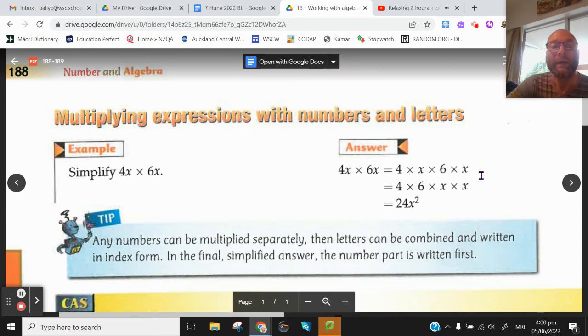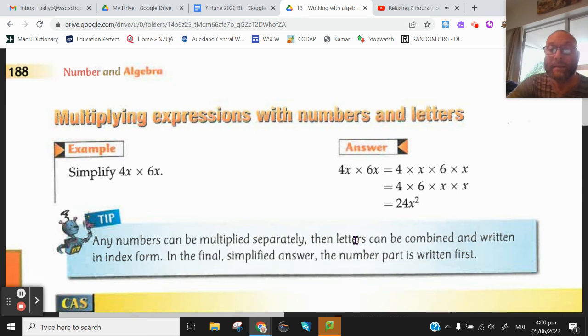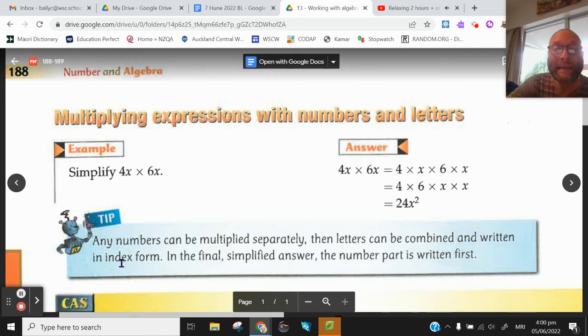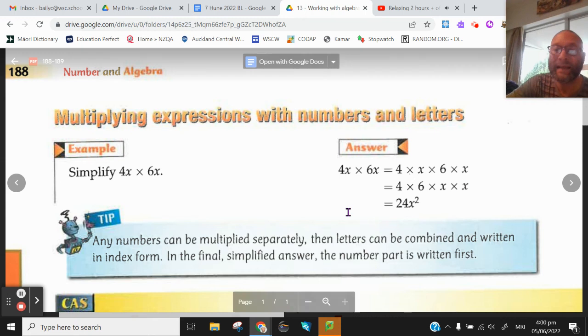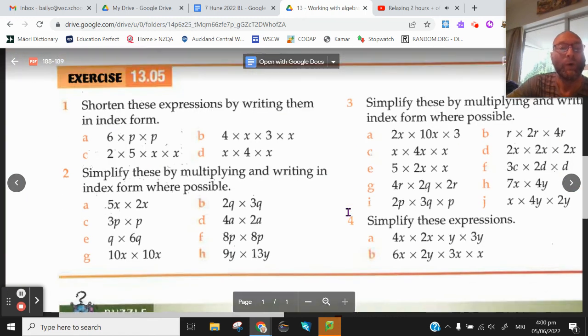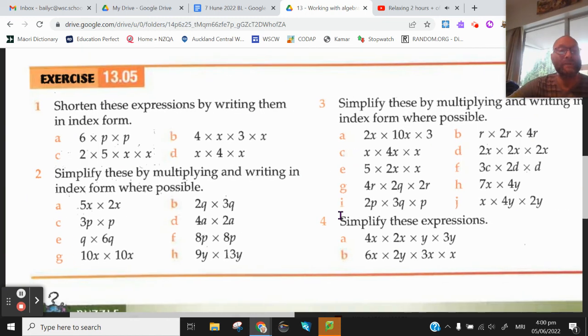And what you should do, any numbers can be multiplied separately. Then letters can be combined and written in index form. And in the final simplified answer, the number part is always written first. So 4 times 6 gives us 24, and x times x is x to the power 2. We're now ready for exercises 1305.